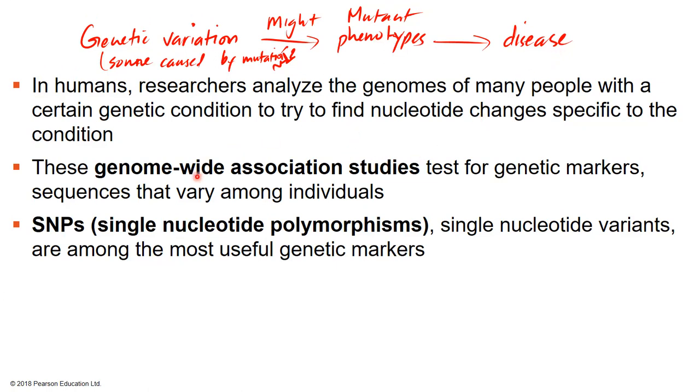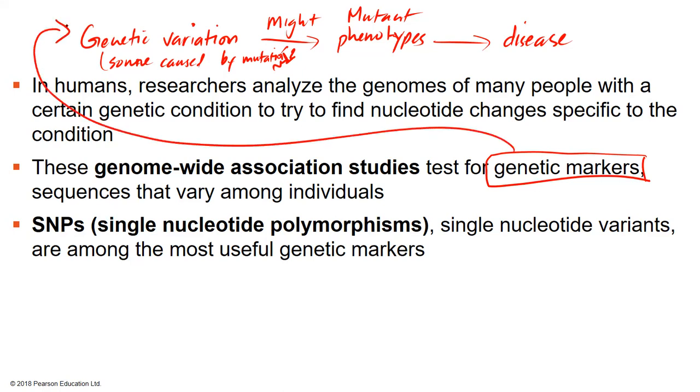So we have something called genome-wide association studies. Genome-wide, we are looking at the whole genome, looking for genetic markers. Genetic markers are basically, they will tell us about the genetic variation. Okay? Genetic markers, these are changes in nucleotide sequences between humans.